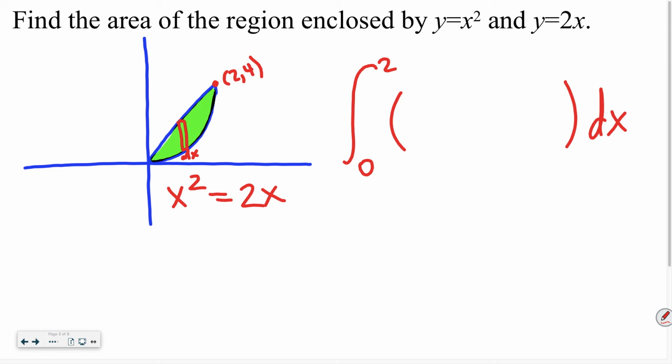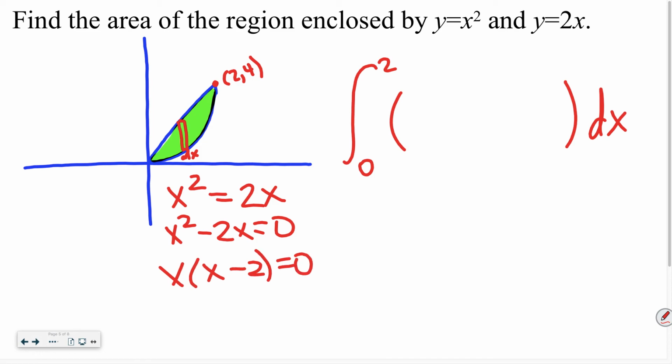I think Max just played around with numbers in his head, which is fine. I have no problem with that. But if you need the algebraic way to get that, we would have to set equal to 0 and factor. There are our 2 intersection points. That one we can probably see without algebra, but if you couldn't, that would be what we would need to do.